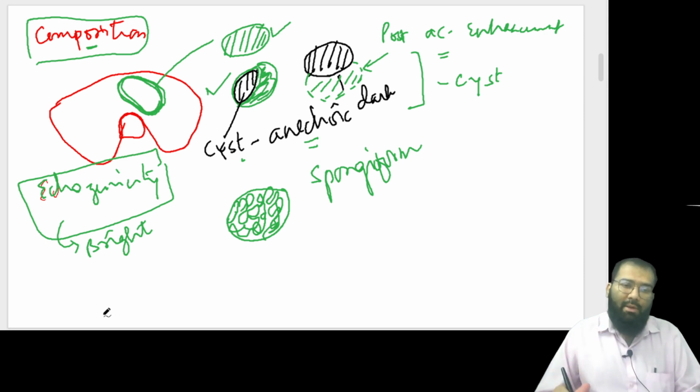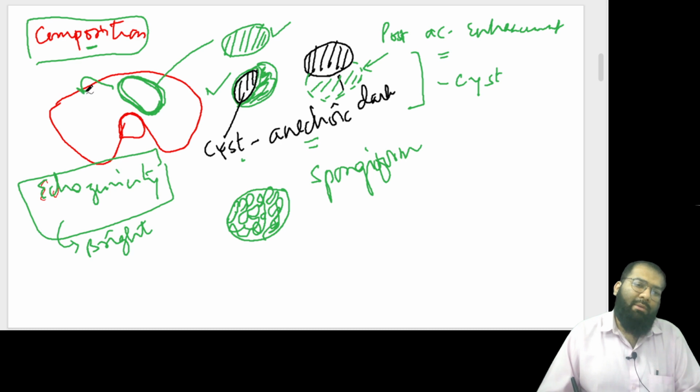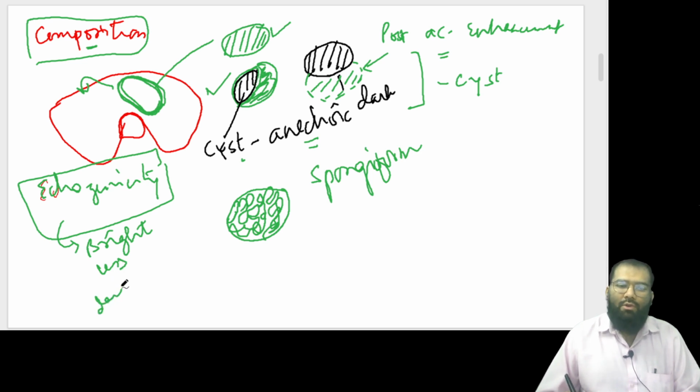Okay. So you compare this lesion with the thyroid parenchyma and see whether it's brighter than the thyroid, less bright than the thyroid, or completely dark. If it's bright, it becomes hyperechoic as compared to thyroid. If it's less bright, it becomes hypoechoic as compared to the thyroid gland.